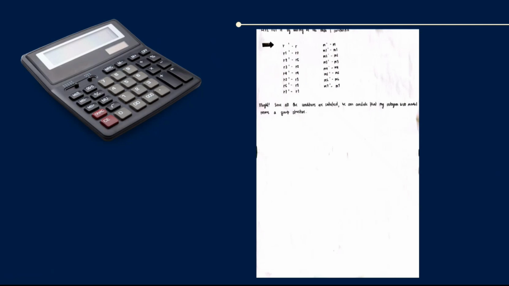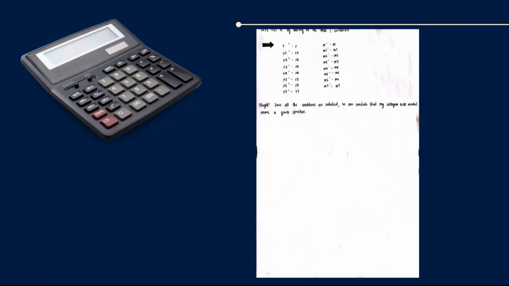The inverse of R is R also, R1's inverse is R7, R2 inverse is R6, R3 inverse is R5, R4 inverse is R4, R5 inverse is R3, R6 inverse is R2, R7 inverse is R1, and in the reflection movements, which are in the back, the inverse of each is itself.